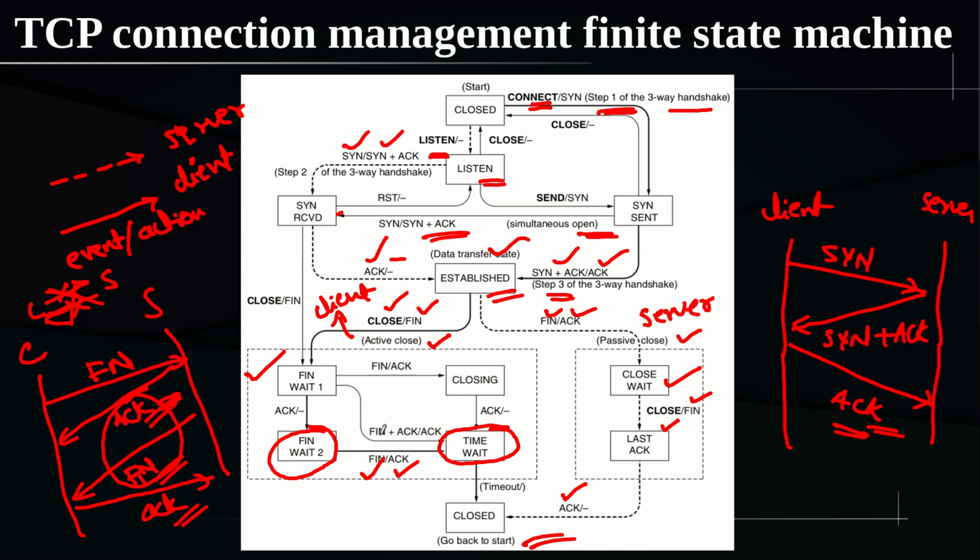Here what happened is, from the server side the client received the FIN as well as the acknowledgement together. That is why it is shown as FIN plus ACK, and the client will be sending ACK. This ACK and this FIN came together, so we eliminated two transitions and directly moved here. Like that, different situations were highlighted by the smooth lines. So go through it, and try to understand by yourself what happened here.